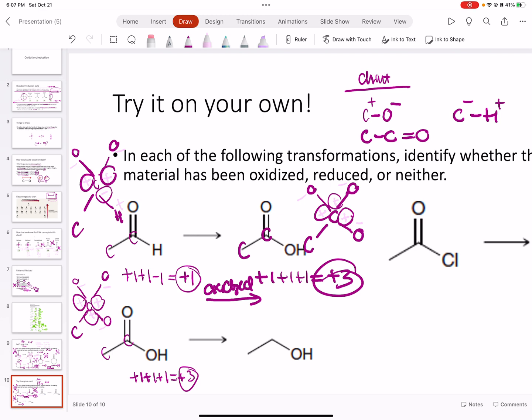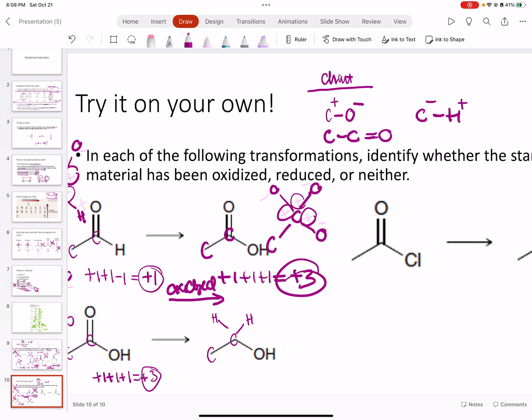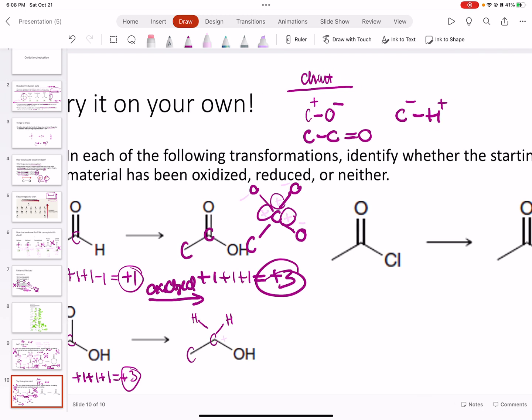Okay, so then in here, our central carbon, we can only see 2 bonds, therefore we have 2 hidden hydrogens. So then carbon, oxygen, we know that carbon's gonna carry that positive, oxygen's gonna carry that negative. Carbon, hydrogen, instead, hydrogen is less electronegative than carbon, therefore it's gonna carry that positive, and then carbon's gonna carry a negative.